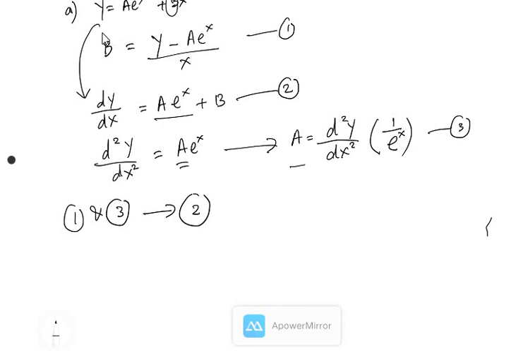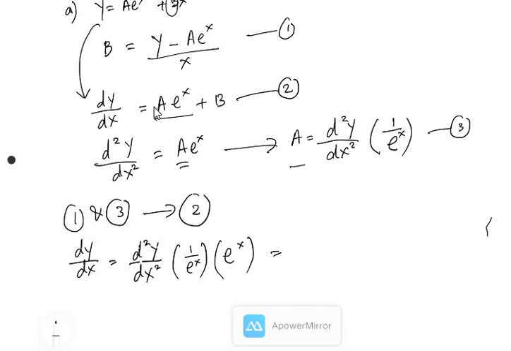You want to insert the constant a and constant b into this differential equation, first order. What do you get? dy over dx equal to d square y over dx square and then you have exponent x equal to a. A is what? A exponent x, okay, plus b. So this is plus with b.